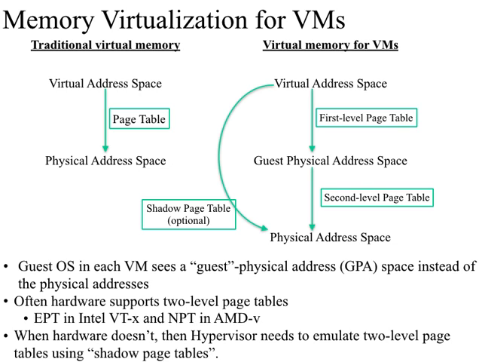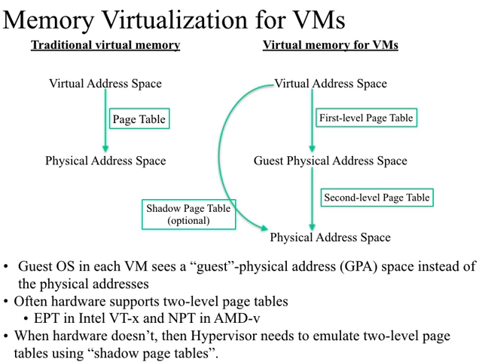In the traditional virtual memory that we discussed, you had processes which saw a view of the virtual memory address space. You were doing translation from the virtual address space to the physical address space, and there was a single page table that allowed you to do the translation. Now with virtual machines we have one more layer of indirection.